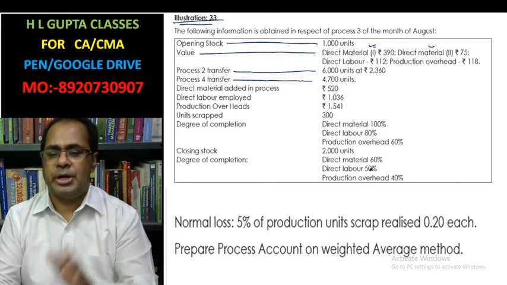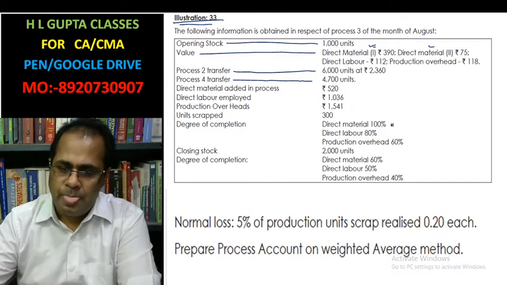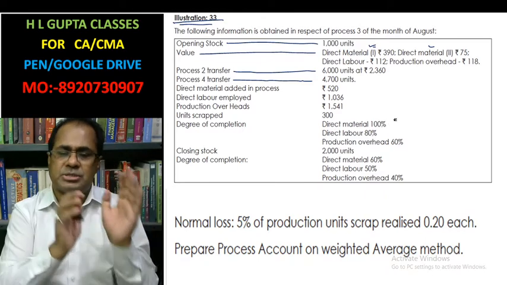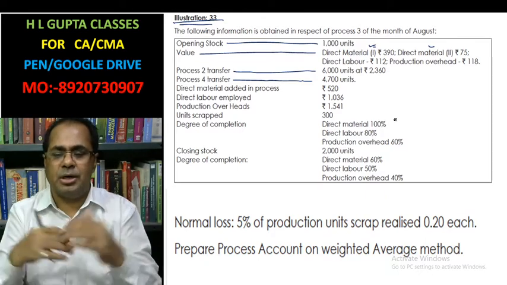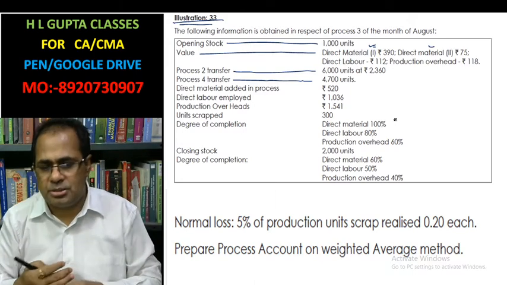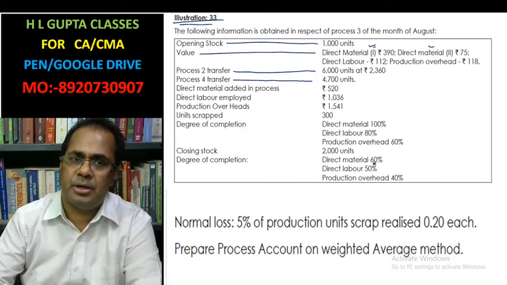Look at it. There are two types of material in the given question. At the scrap stage, degree of completion of material is 100%, which means the first material and second material are both 100%. In the case of closing stock, direct material is given as 60%.